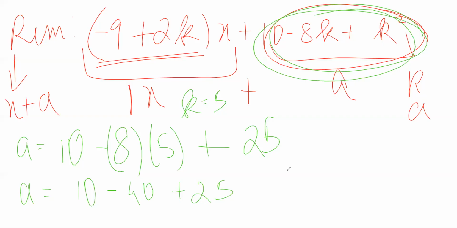And you will get a to be minus 5. 10 minus 40 is minus 30, plus 25 is minus 5. Therefore, at last you will write as answer: k is equal to 5 and a is equal to minus 5.